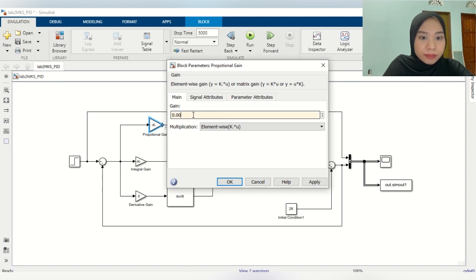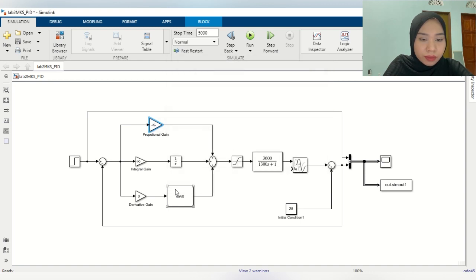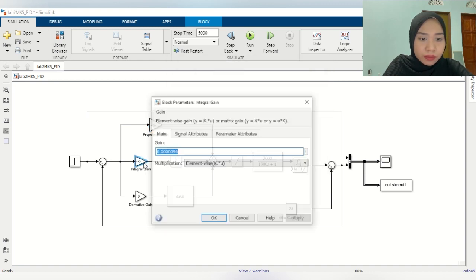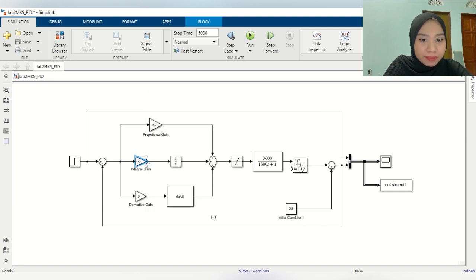Okay, and for the integral gain, we change the value to 0.0000432, and then run.